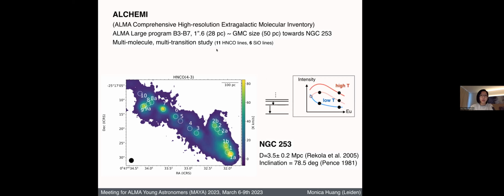In this study, we utilized 11 HNCO transitions and 6 SiO transitions. Both molecules have long been suspected to be good shock tracers, but potentially point to different types of shocks, which I will explain in a minute. So basically, this is the data we use.